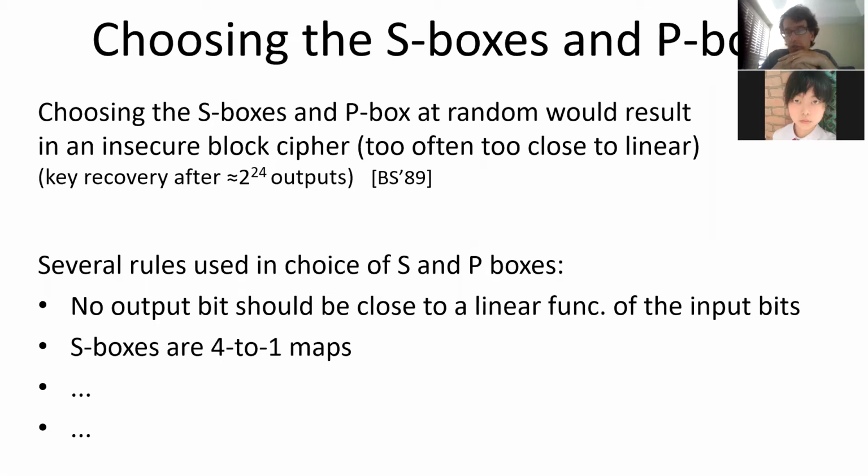Take all linear functions from 6 to 4. These linear functions can be described as matrices of 6 by 4. So there's 24 bits that describe such a matrix. As we said, there's some number of bits that describe an S box.